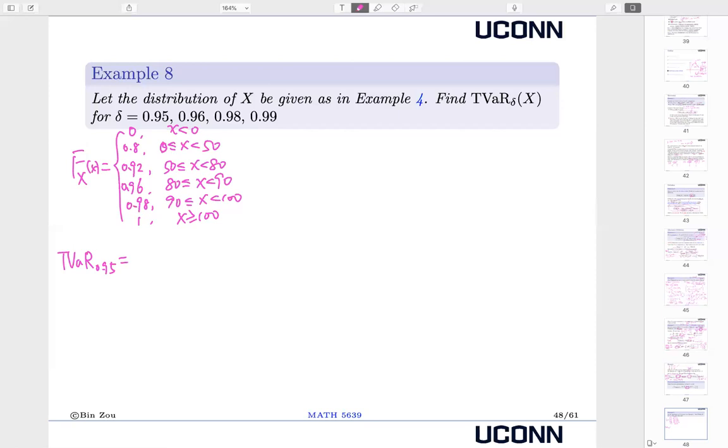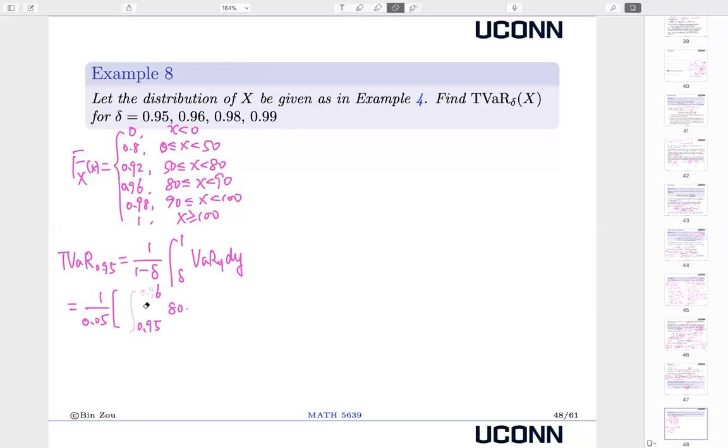So I will need to compensate for that part. Let me do it in two ways. First is to use this definition. So I have 0.05. Between this level, 80 is enough.